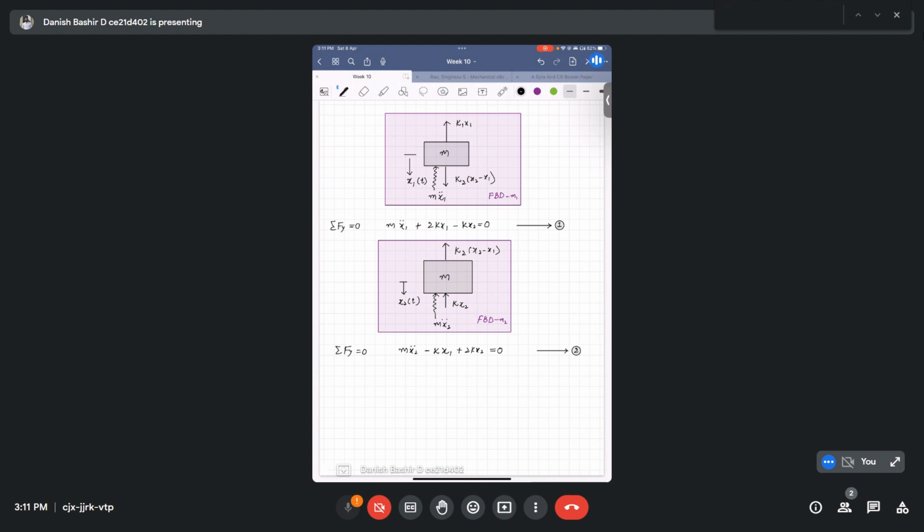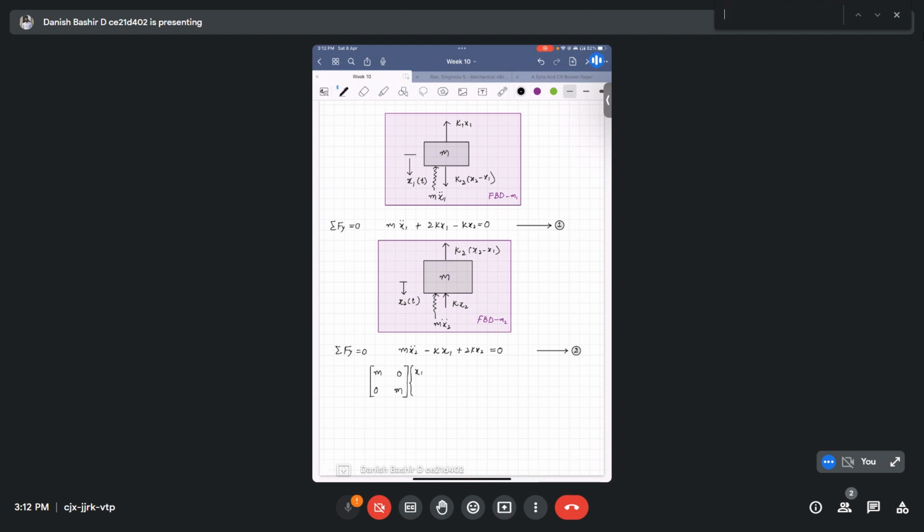So as I already said in last class, we can write this system of equations in matrix form. We have m 0 0 m, since there are 2 degrees of freedom, so the matrices will be 2 by 2.